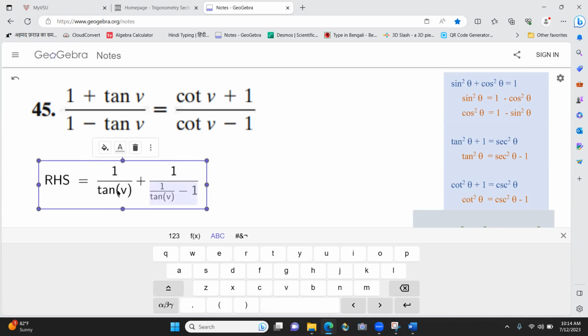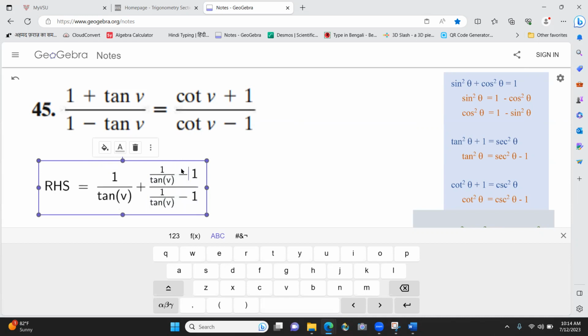And on top, I'll get tan V plus 1. Now, why did I do that, guys?